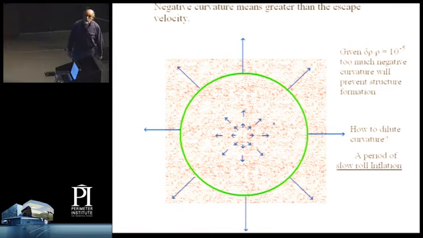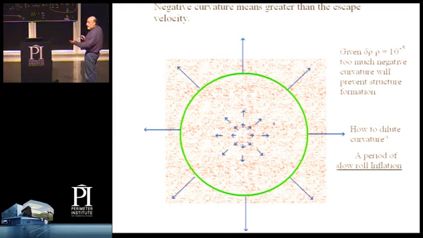Negative curvature means, from the Newtonian point of view, that everything was shot out above the escape velocity. That raises the danger that when stuff is shot out above the escape velocity, it is moving out too fast to turn around and create structure in the universe.